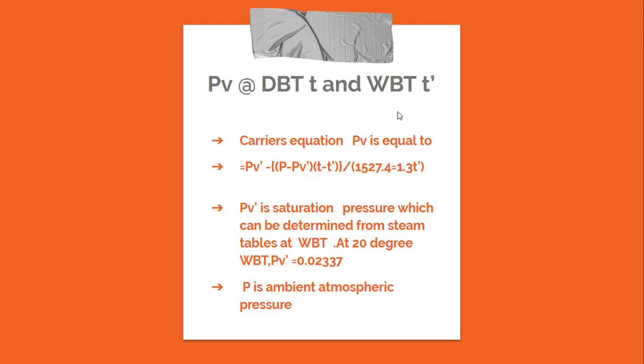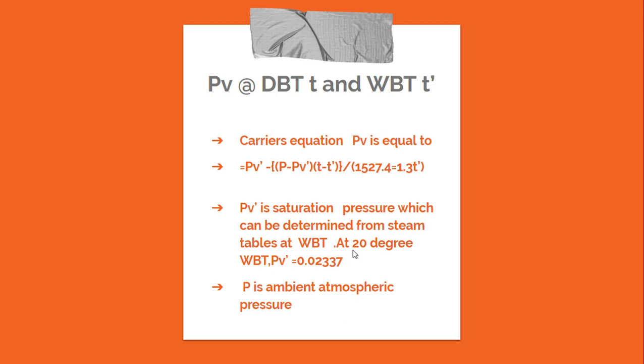Now what do we know? Do we know the pressure? No. What do you know then? You know the temperature. So you know the wet bulb temperature T dash. Let us say the wet bulb temperature T dash is 20 degrees centigrade. Now pause this video, open your steam tables and convince yourselves what is in the column of pressure corresponding to 20 degrees centigrade.